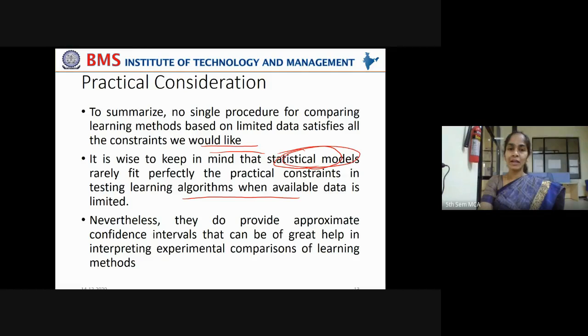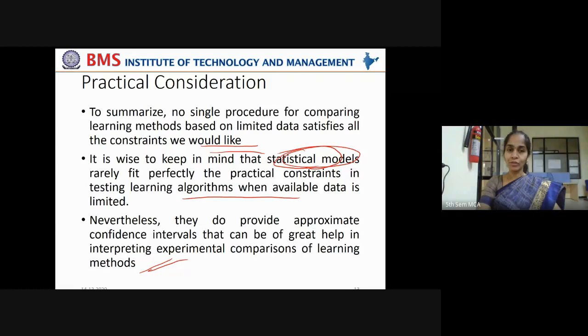So when the data is limited, you can't expect each time that they should be in accordance with the statistical models. Nevertheless, they do provide approximate confidence intervals that can be of great help in interpreting experimental comparisons of learning algorithms. So what would be the approximate confidence interval within which the difference in the errors of the learning algorithms fall into? Those will be the main criteria for us in order to select between the learning algorithms.